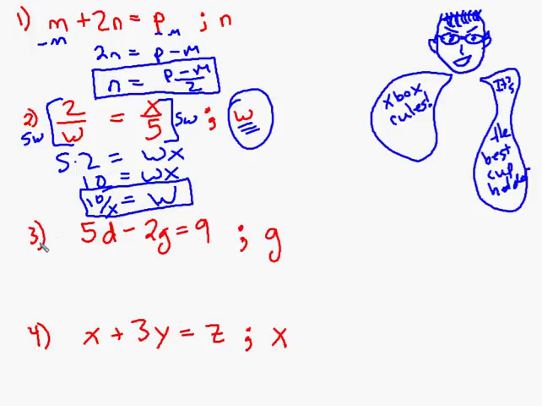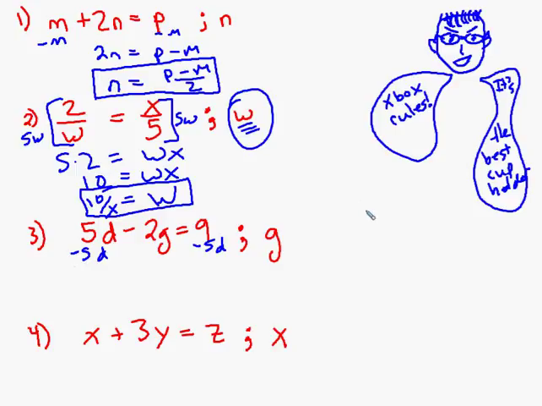All right, number 3. We're solving for G. What should we do? Subtract 5D. So what do I have on the left? I thought since you were solving for G, you would do the G first. No, we want to get G alone. So we're going to subtract 5D.